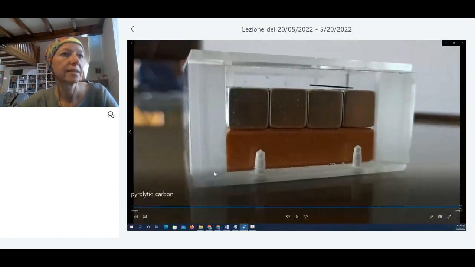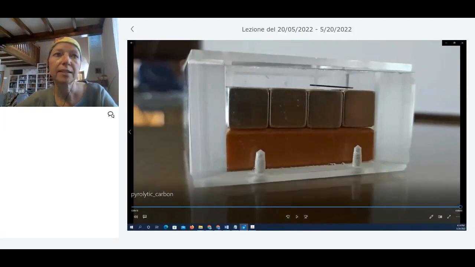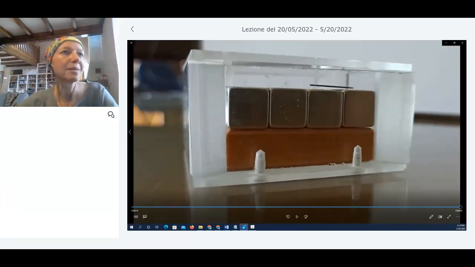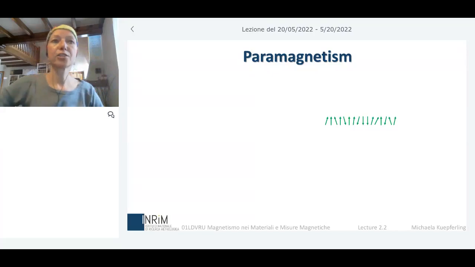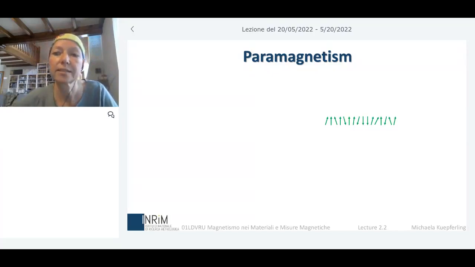So this is magnetic levitation with a diamagnetic material. This experiment is not so easy to do with other diamagnets like copper, because these materials usually are too heavy to show you this effect. But with a very light material like pyrolytic carbon, you can show this levitation of a diamagnetic material, and this is nice.